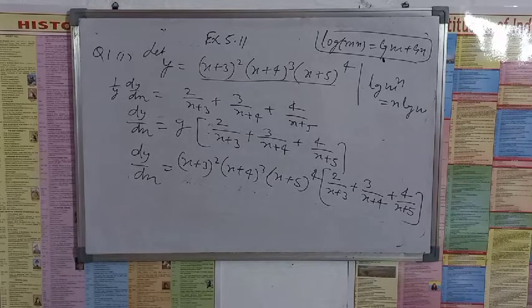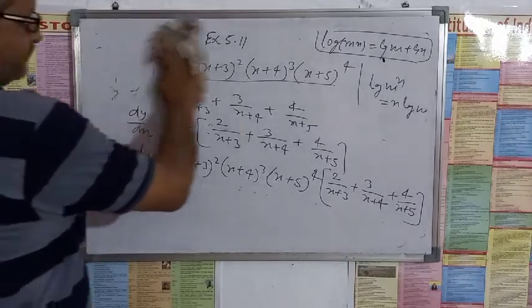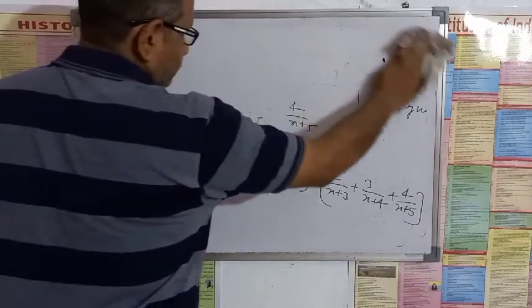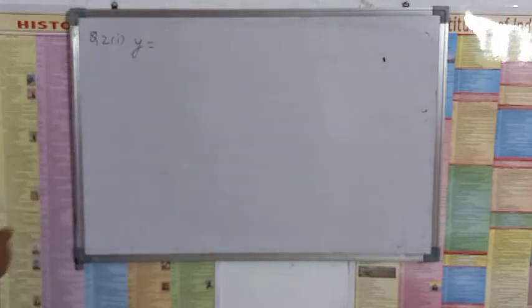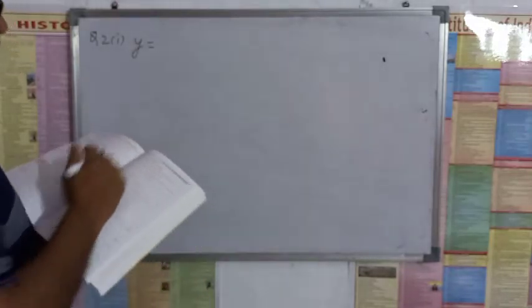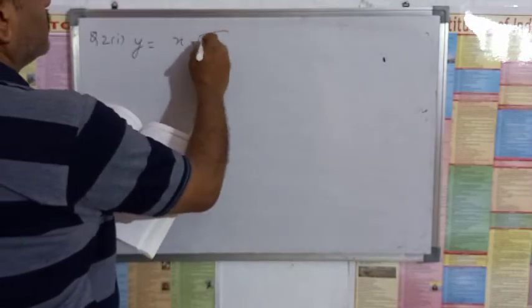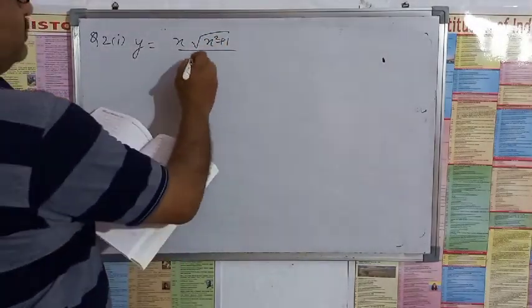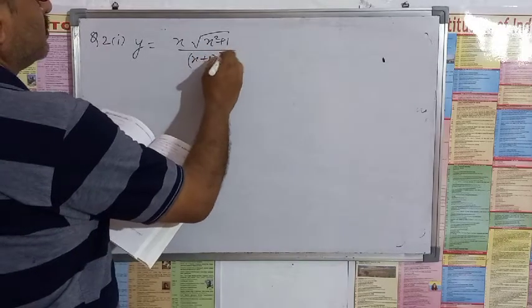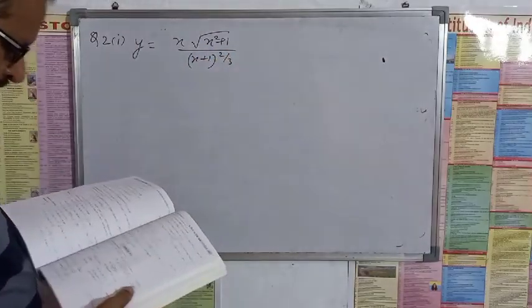Let us see question number 2, first part. Again we will write y is equal to x into under root x square plus 1 upon x plus 1 to the power 2 by 3.